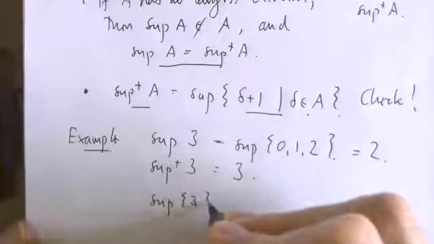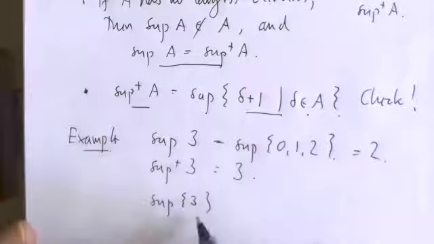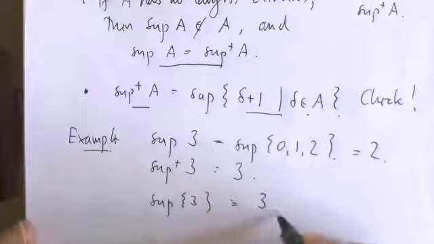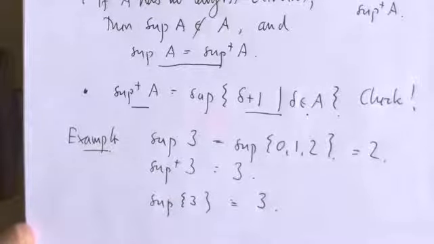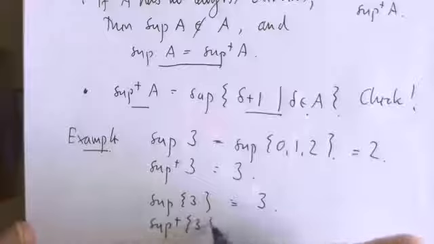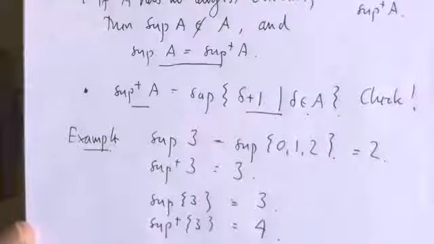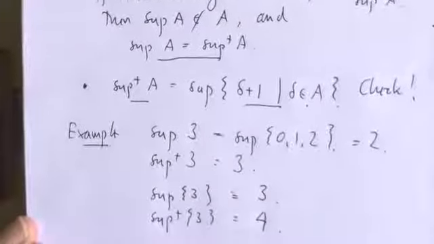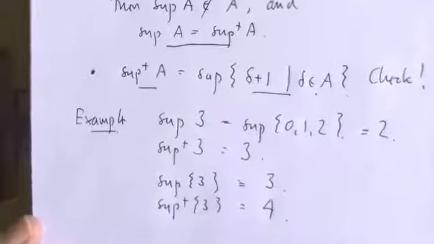Don't get confused by the brackets. This set now just has one ordinal in it, 3. Supremum of this set is 3. Strict sup of this set here is 4. Okay, I'm just teasing out the definitions.